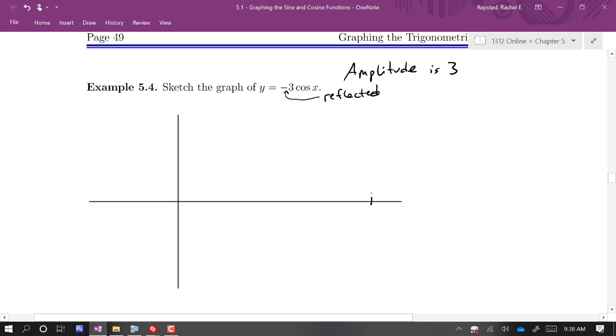I'm going to mark out my x-axis going out to 2 pi. Half of that is pi. I think we're all getting used to these values here. 3 pi over 2. I need to go as high up as 3 and as far down as -3. And it's also going to be reflected.